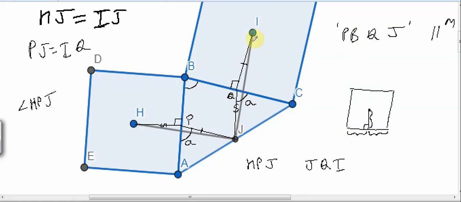And in triangle IQJ, angle IQJ is 90 plus a, same as angle HPJ. Therefore, angle HPJ is equal to angle IQJ. These two angles are equal.